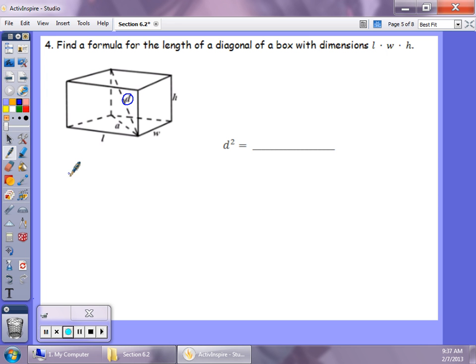What I'm going to do is redraw that triangle. So if we take that triangle out here, we can see that we're going to have a 90-degree angle. The diagonal is actually going to represent the hypotenuse of the triangle. If we look at this triangle here, that represents the height.